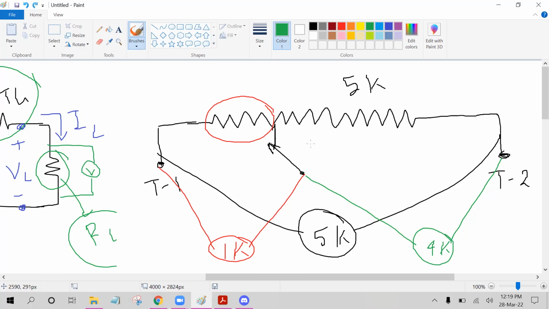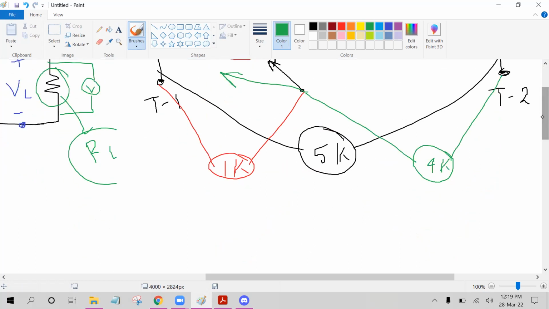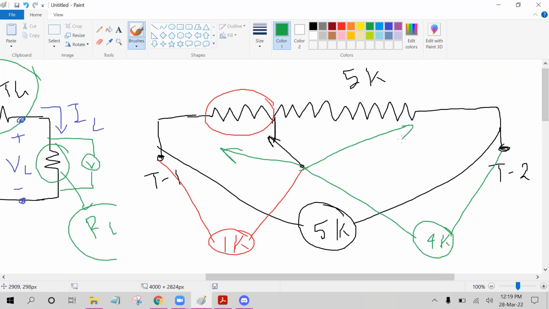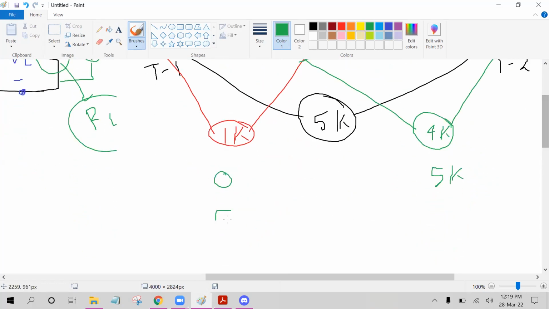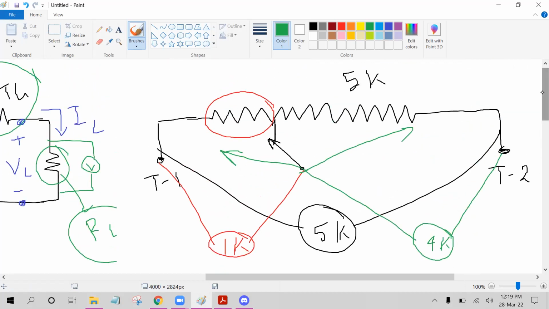If the wiper is at the leftmost position, this will be 0 and this will be 5K. If it is at the rightmost position, this will be 5K and this will be 0. Anything in between, the total 5 kilo ohm resistor would be divided among terminal 1 and terminal 2.